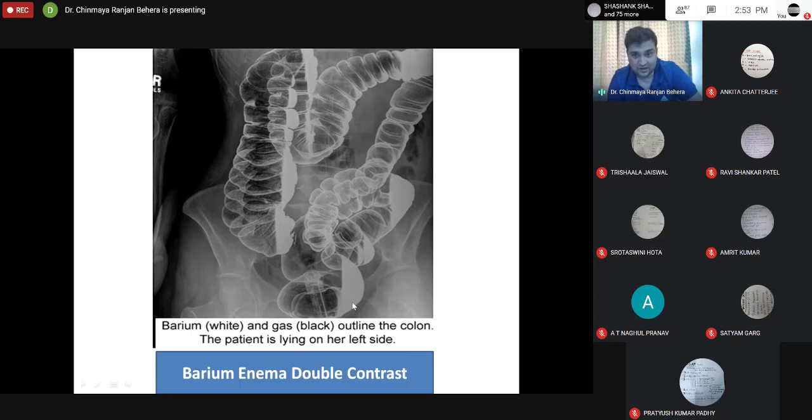In double contrast, you push barium as well as gas for better delineation of the large intestine. This is a normal barium enema double contrast X-ray of a large intestine. There is no obstruction. The barium is going nicely up to the ileocecal junction.